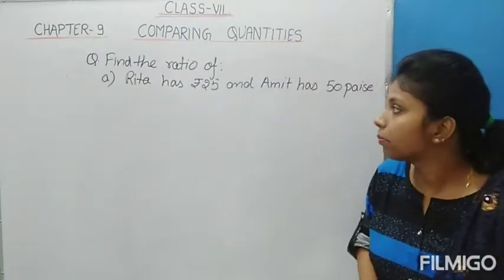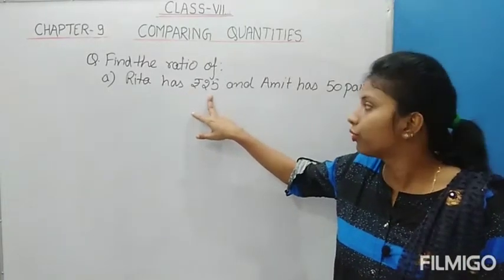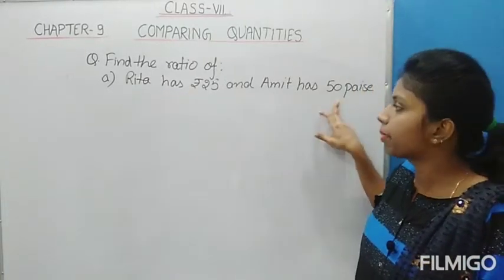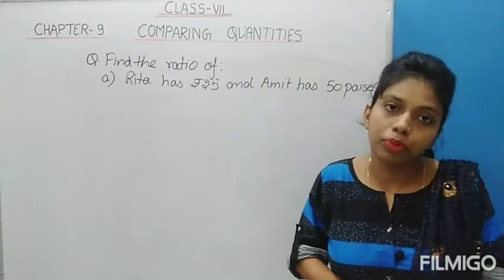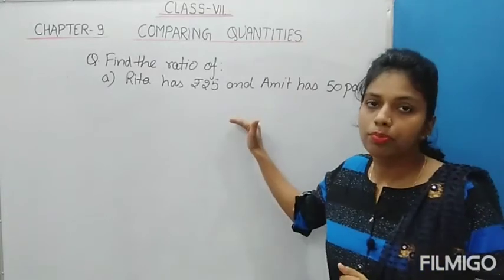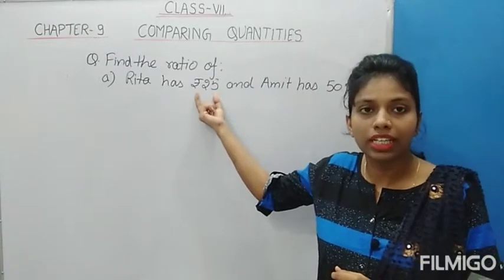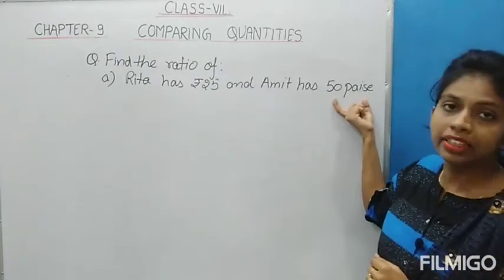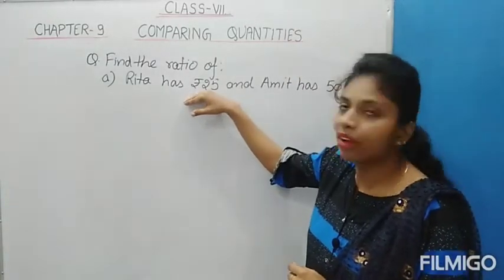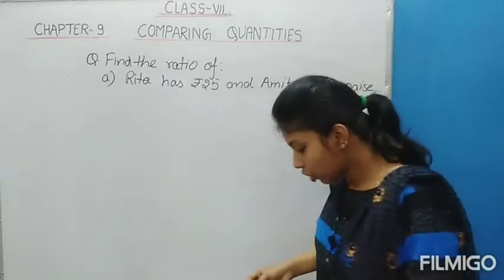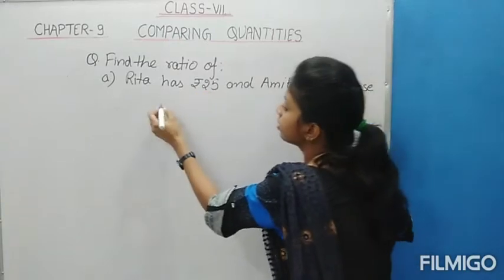In this question we have to find the ratio of Rita has rupees 25 and Amit has 50 paise. We know that to find the ratio, first we have to convert the quantities into the same unit, but here we have one quantity in rupees and the second in paise. So let's convert 25 rupees into paise.